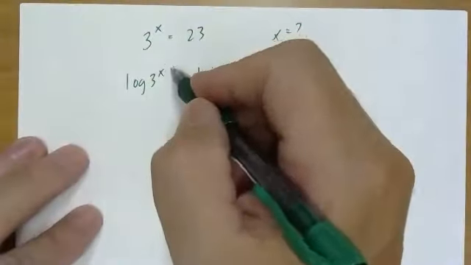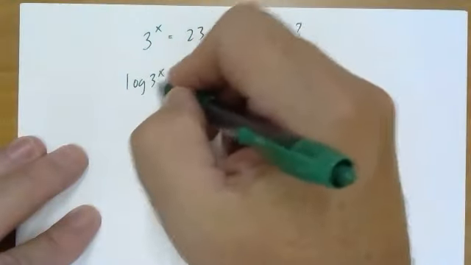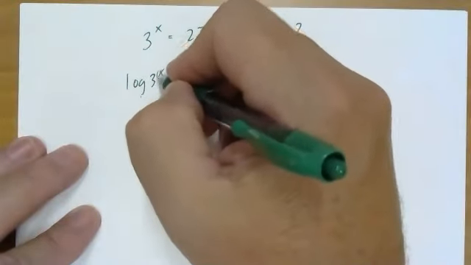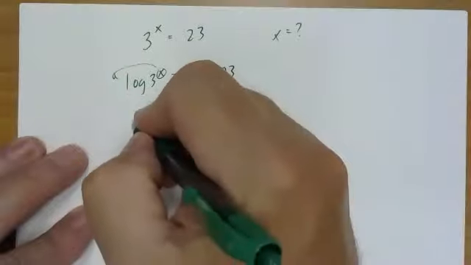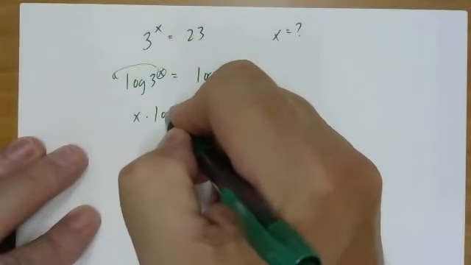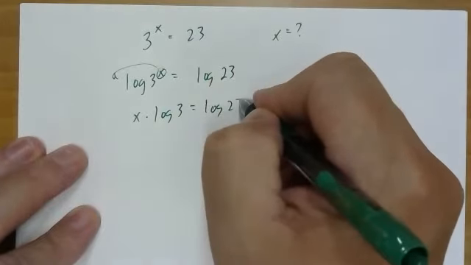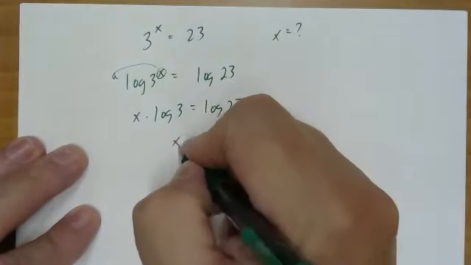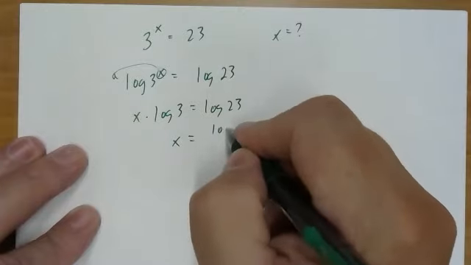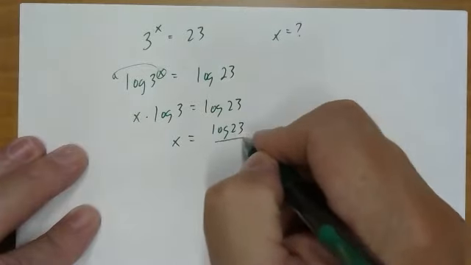And I've got this special rule we just learned. If you're taking the log of an exponential function, I can move the exponent in front of the log. And now if I want to solve for x, I divide both sides by log 3.